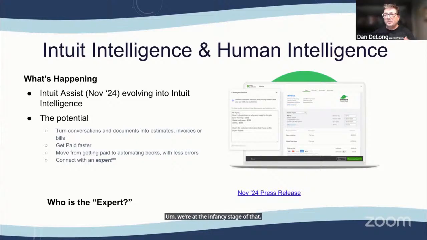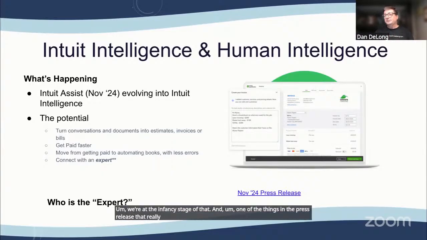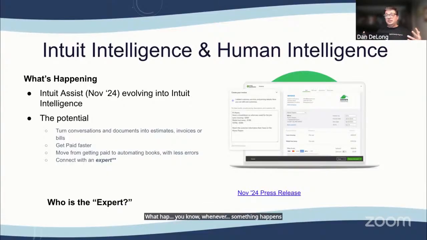And one of the things in the press release that really caught my attention when they announced all this stuff is that you'll be able to connect with an expert whenever something happens that you need a human interpreter, right? So my question at that point was, who are the experts they're talking about, right?